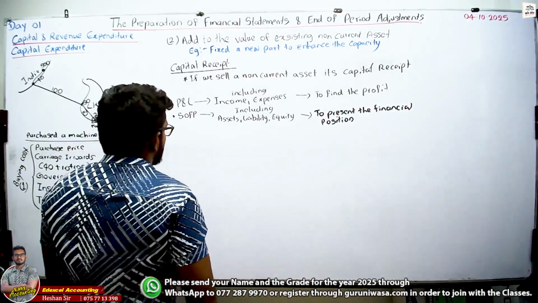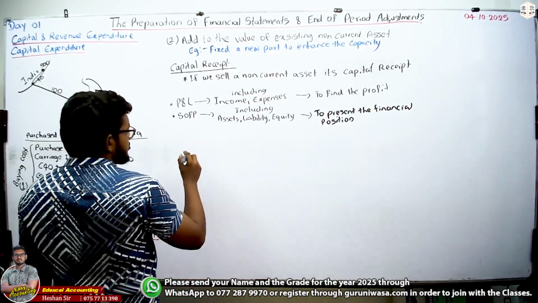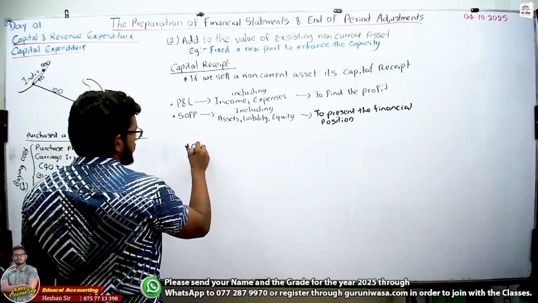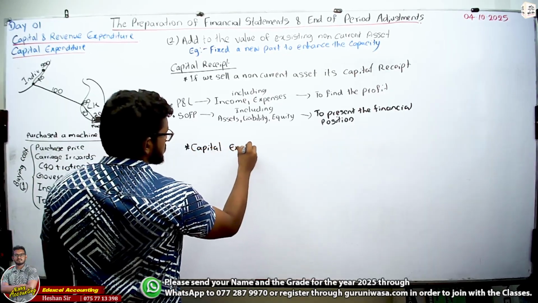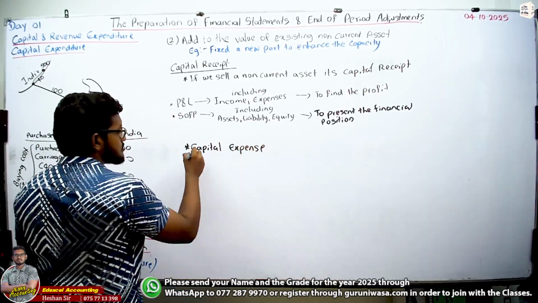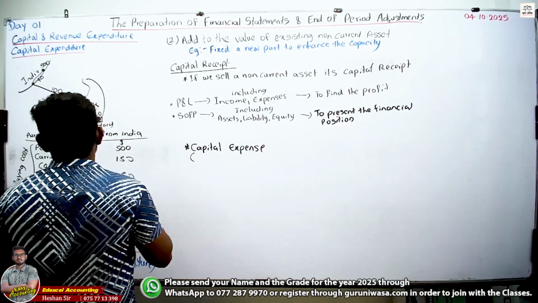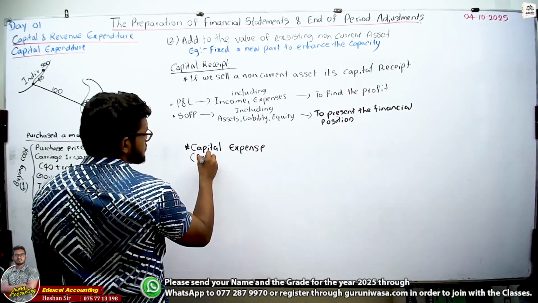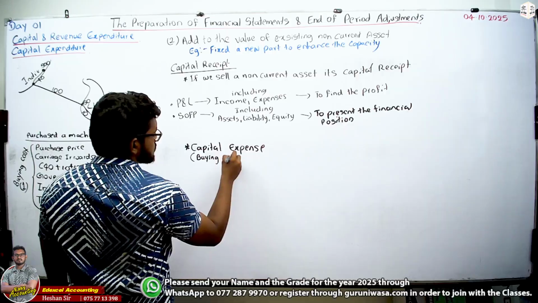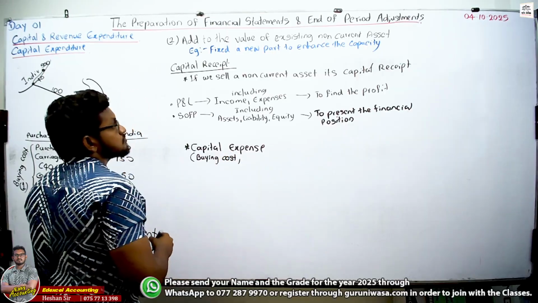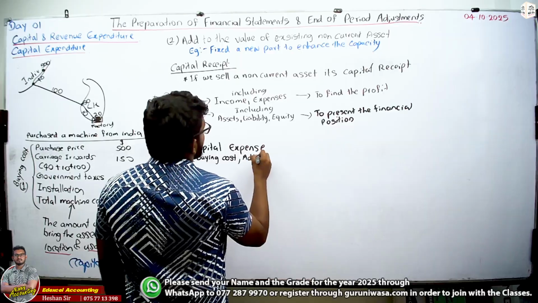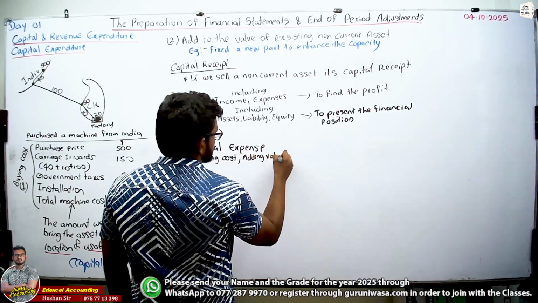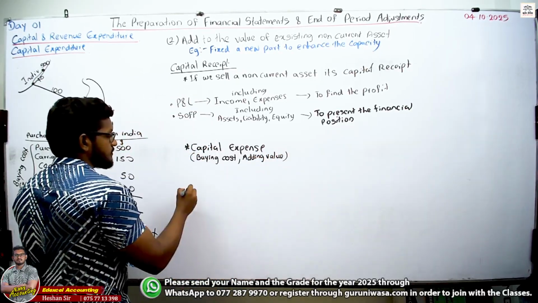Now, I got two things, right? First one, capital expense, which means, two things I gave: buying cost, adding value, right?